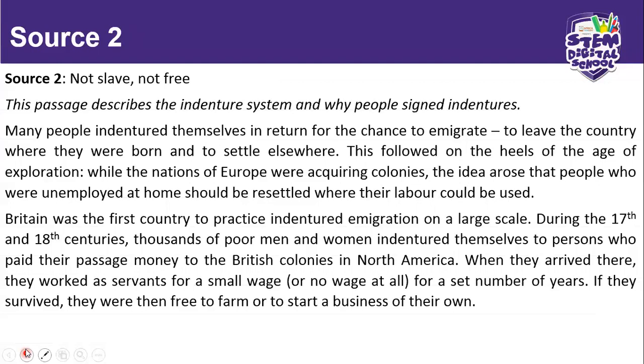If they survived, they were then free to farm or to start a business of their own. So that is source 2.